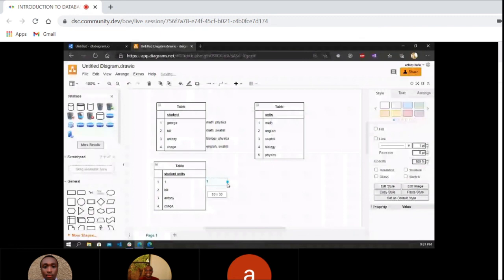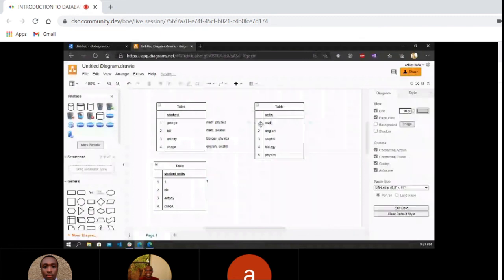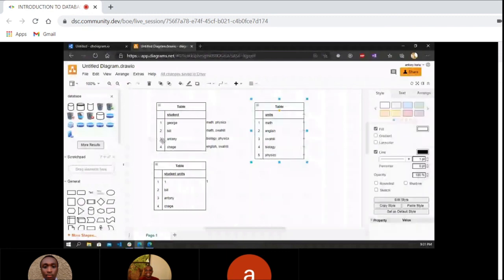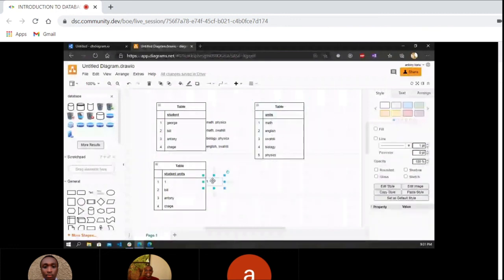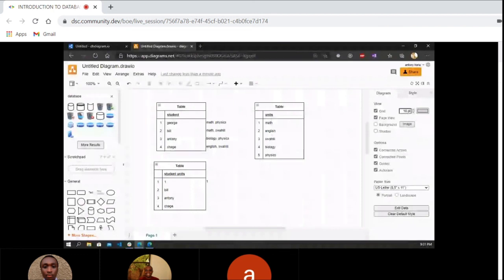So for easy referencing, I can change these IDs because they look similar to this. No, the IDs are okay. So when we talk about a one-to-many relationship, this is how we do it. We have the number in the table student unit.